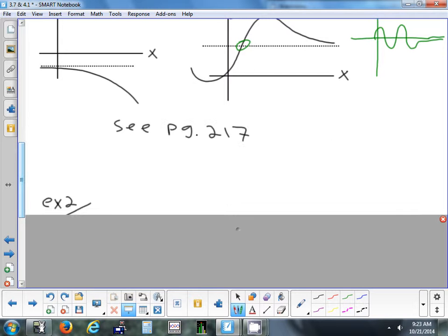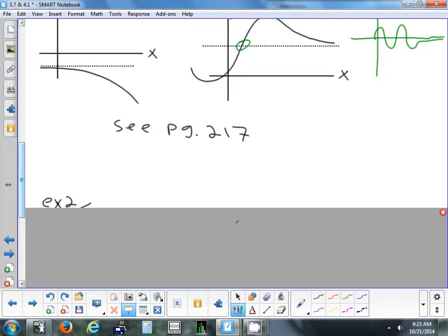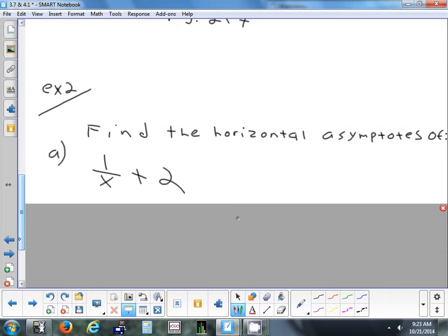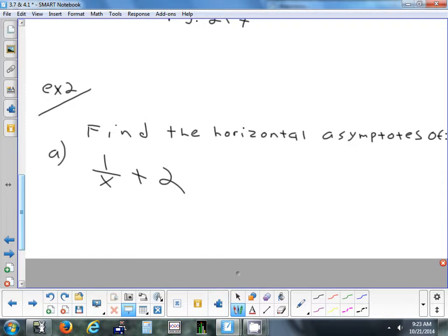All right. So page 217 has some more examples. In fact, they actually did the one that I just showed in green. So if you want to see some more, you can look at that. Okay, so let's find some horizontal asymptotes. To find a horizontal asymptote, you don't need to graph it.